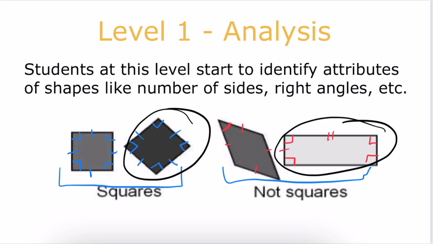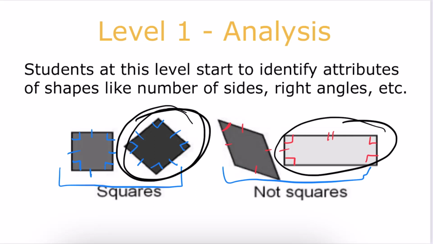And it can be interesting to have conversations with your students about why they think that. Because if a student says this is not a square because it doesn't look like a square, some students might say, but yeah, it does look like a square because if you turn it sideways, then it does look like a square. So they're still operating at level 0 because they're identifying a square by what it looks like.